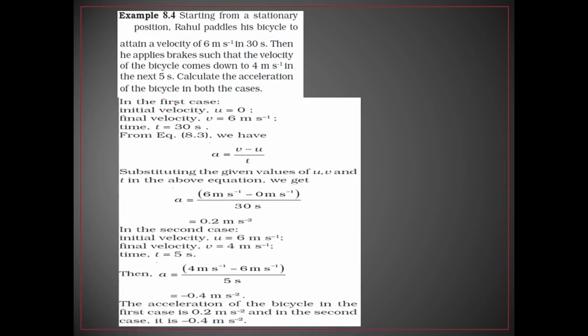So see, in first case, the initial velocity is 0, the final velocity is 6 meter per second. First he starts his bicycle from stationary. He is standing here, then he starts and attains a velocity of 6 meter per second in time taken 30 seconds. Okay, 30 seconds.